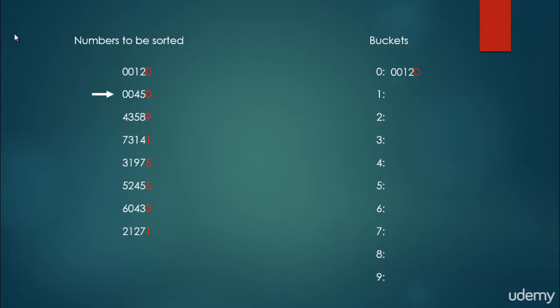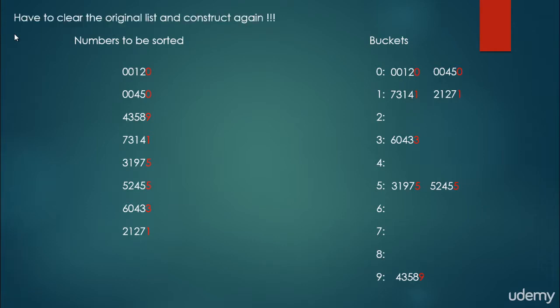The next one is 0, 2, so we put it there too, then 9, then 1, then 5, then 5 again, then the least significant digit is 3, so we put it at index 3, then 1, and that's the last number.